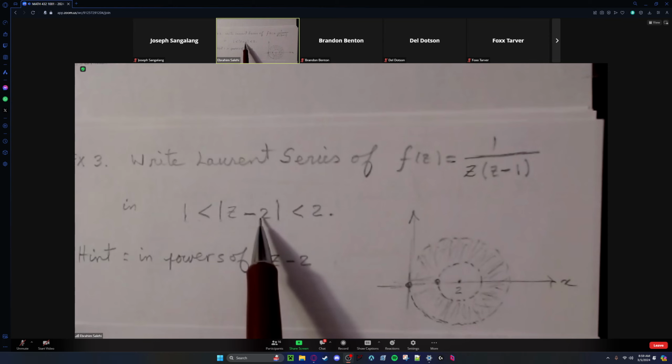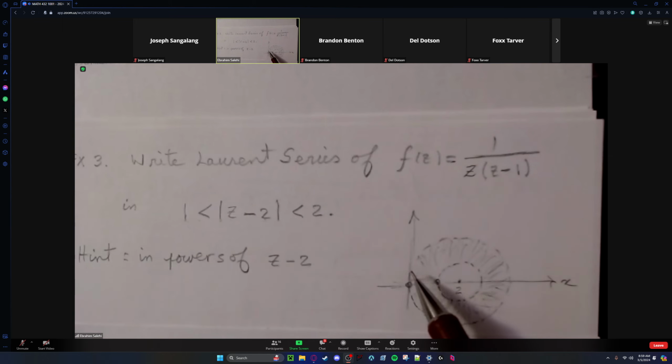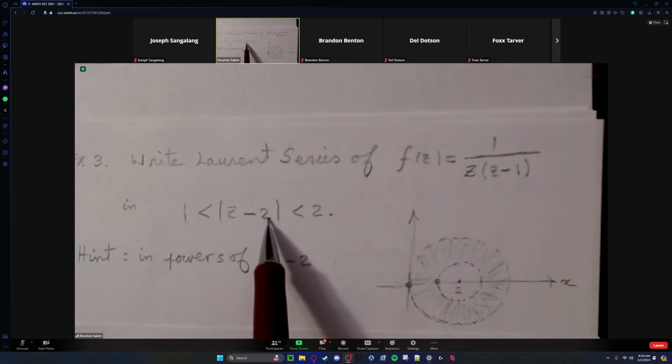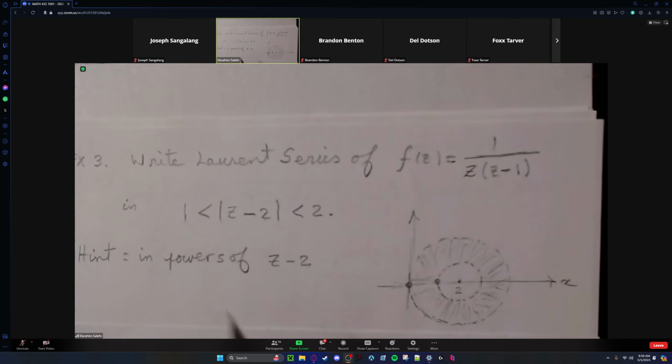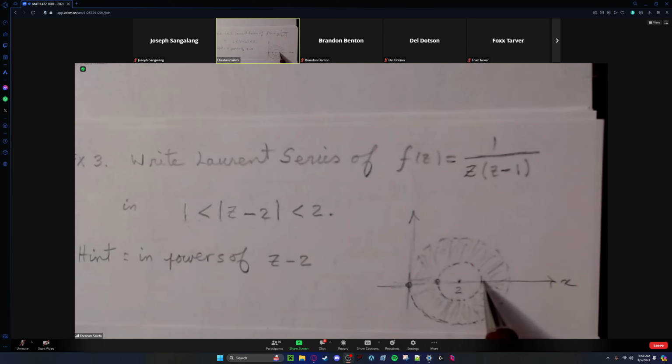The modulus of z minus 2 equal to 2 means this outer circle. The radius is 2. Modulus of z minus 2 equal to 1 means center is 2, radius is 1, which is this one. So we want all z's such that z minus 2 is between these two circles. Z is in this washer, okay?